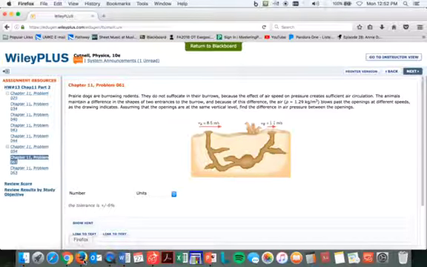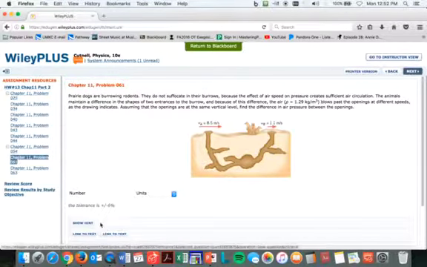VA is equal to 8.5 meters per second. VB is equal to 1.1 meters per second. And the density of air throughout the problem is 1.29 kilograms per meter cubed. Okay, good.